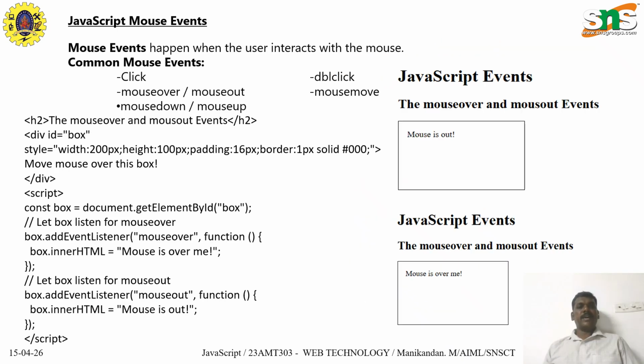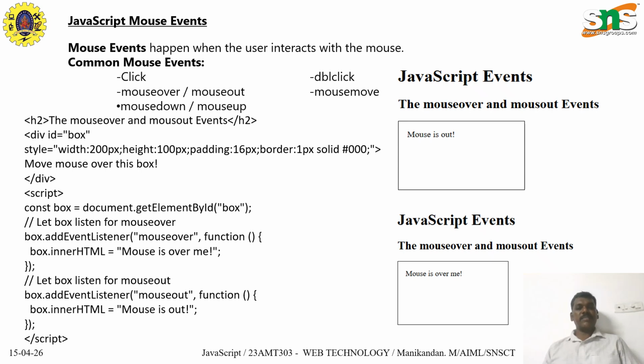In this slide, we will see JavaScript mouse events: whenever a mouse is clicked, mouse over, mouse out, mouse down, and mouse up. Based on these events, it will display the functionality that has to be displayed. In this example, we are creating a div box.